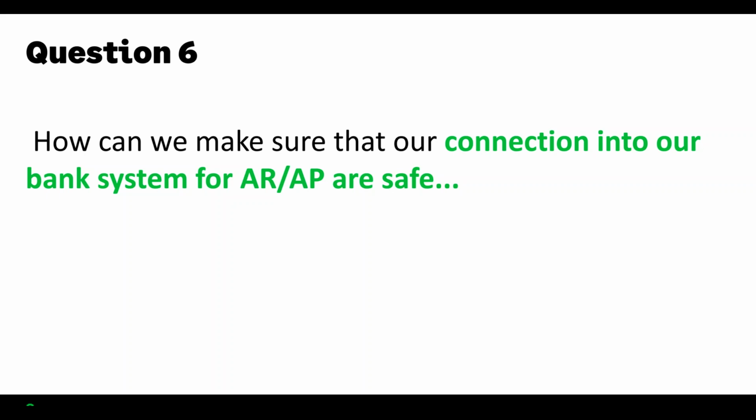So I think that's more to do with your banking software being safe. From the point of view of the generation of the EFT file, you would use all the security that both Sage and Orchid have in terms of who can create and post AP payment batches, who can generate the EFT file, and who has access to upload that to the bank.